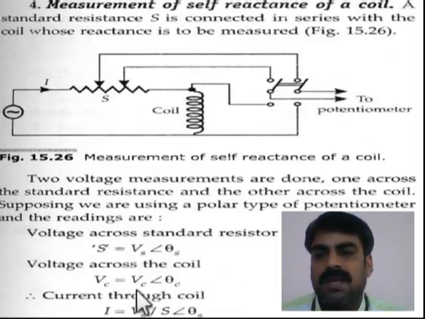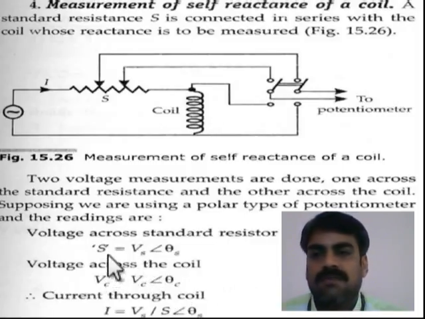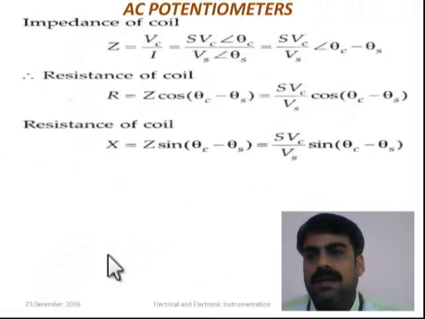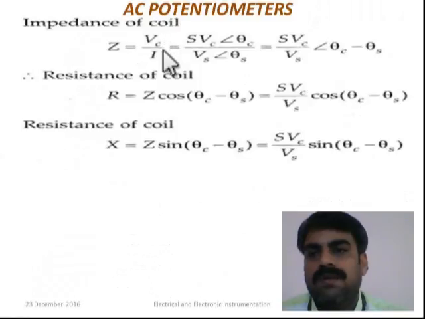So from this, the current through the coil we can easily calculate. That is the magnitude divided by the known standard resistance value, and the impedance of the coil is given by the voltage across the coil divided by the current flowing through the coil. Just by doing simple substitution we will get this expression.